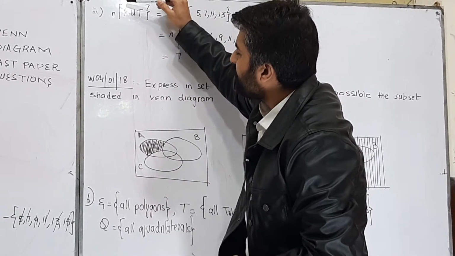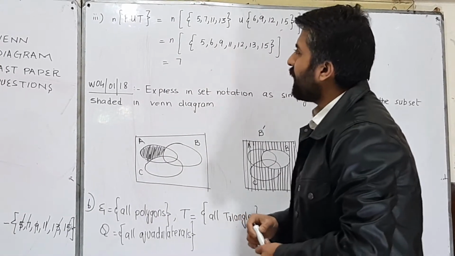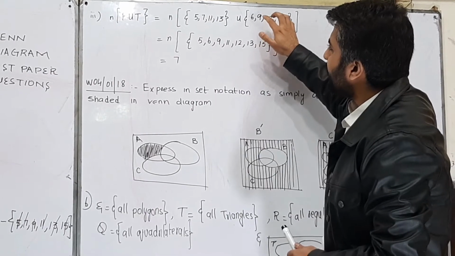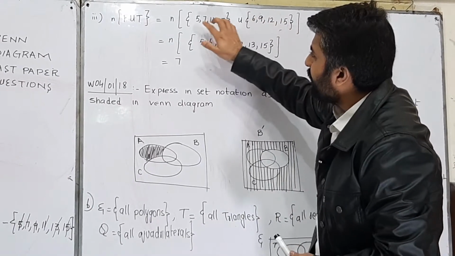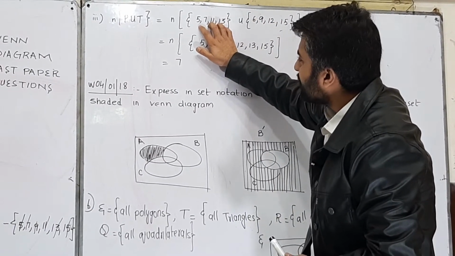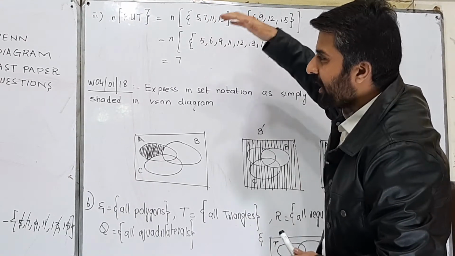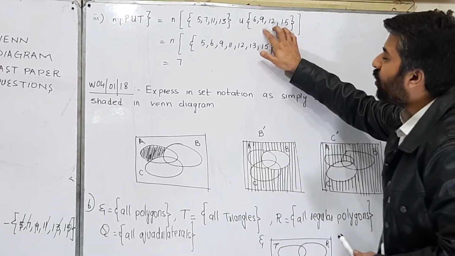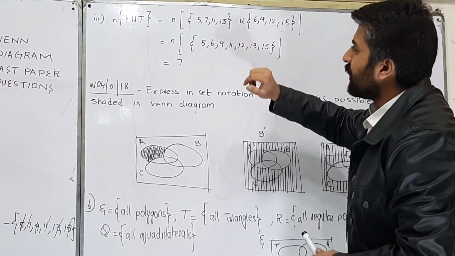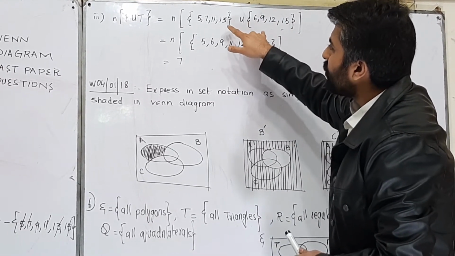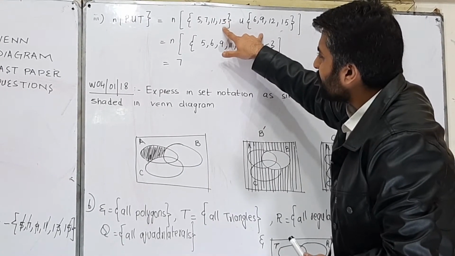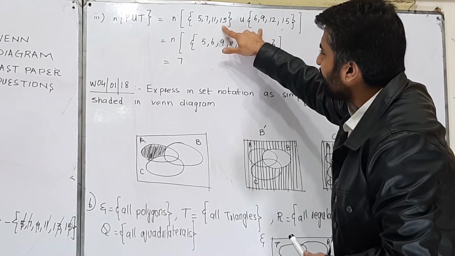Now if you find p union t, then this set was p and this set was t. P was a set of prime numbers and t was a set of multiples of 3. Union means you will combine both the elements of p and t.